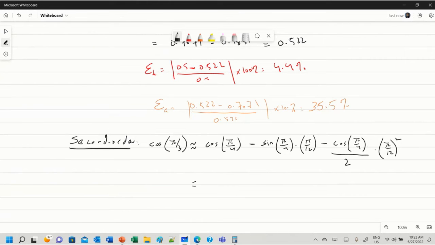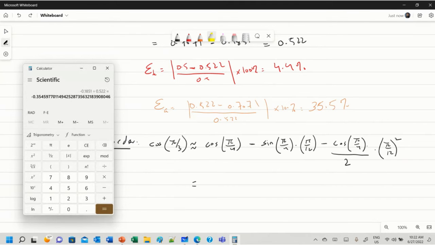Of course, I don't have to calculate the previous value. That's up to here. I know it is 0.522. So I just need to calculate the last term and just add. So don't repeat your calculations and waste time with it. You just need to do the last part. So I have pi divided by 4.